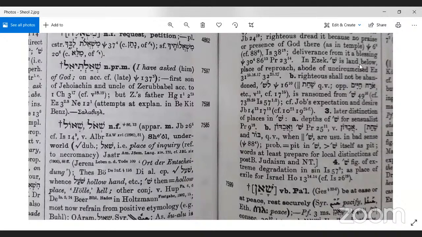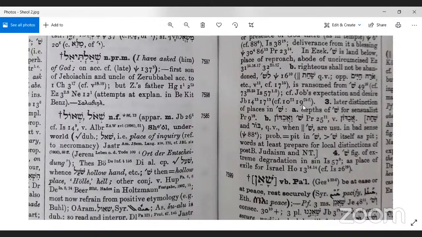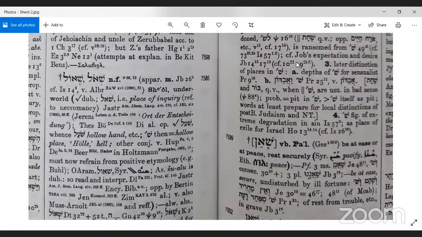So Ezekiel is a land below, place of reproach, abode of uncircumcised, righteous shall not be abandoned. So why would they even go there in the first place? Ransom from, so a person can be ransomed from expectation and desire.